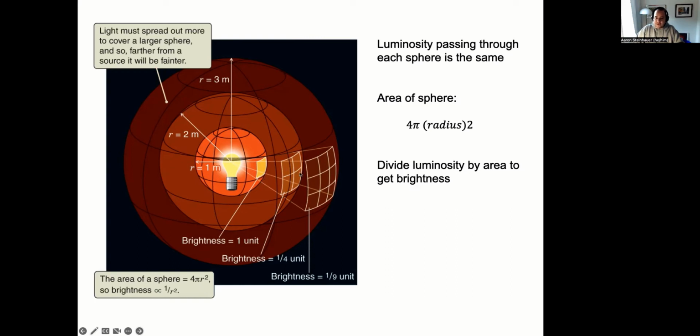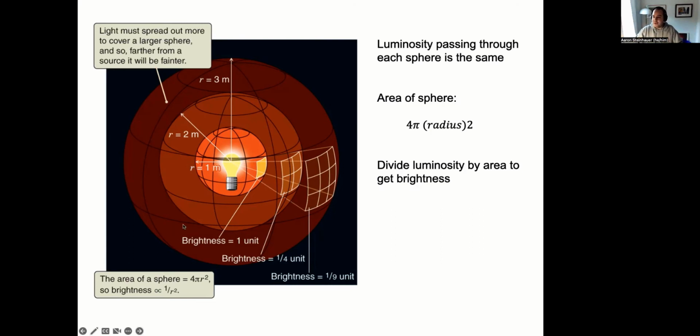If we go twice as far away, that same amount of energy is now spread over an area that's 4 times as large, right? Because we have taken that whole surface area and expanded it, and we're spreading that energy out over a much larger shell now. If you double the distance, in fact, you have increased the total area of this sphere by a factor of 4.